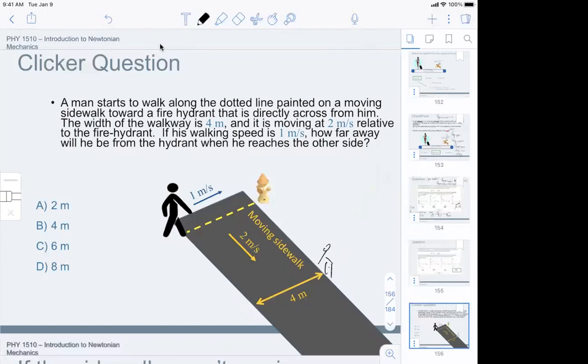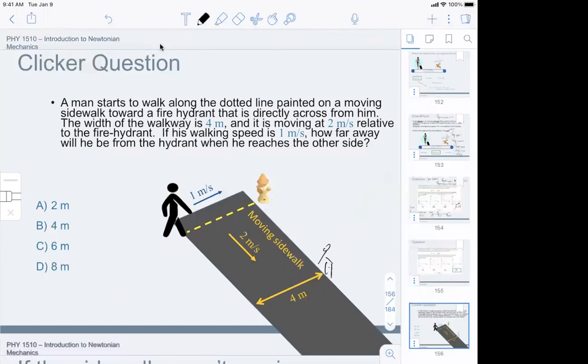Yes, very good. So a common strategy when we're dealing with relative motion is to treat these two different motions separately, independent of each other. Because we are given the person is moving relative to the belt, and he is crossing the belt, we don't even think about the ground.